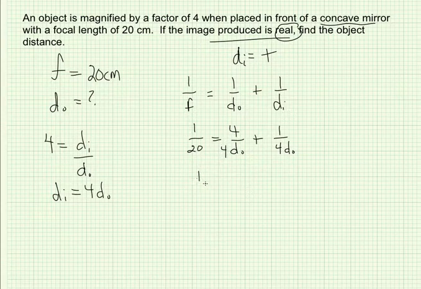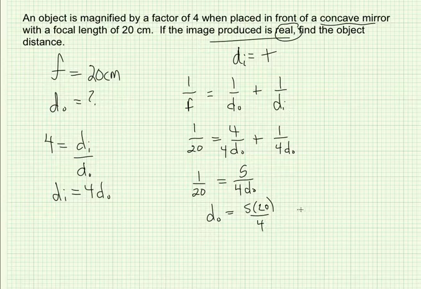That gives me 1 over 20 equals, now simply 4 plus 1, which is 5, divided by 4 DO. Do a little bit of cross multiplying, and when I do that, DO comes in the numerator. I have 5 times 20 divided by 4. I'm going to get an object distance of 25 centimeters.